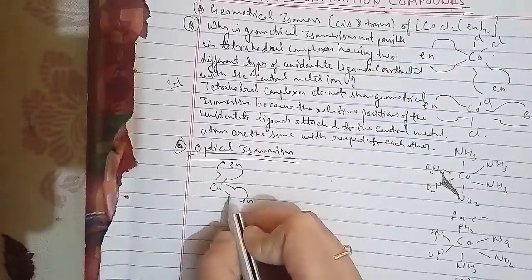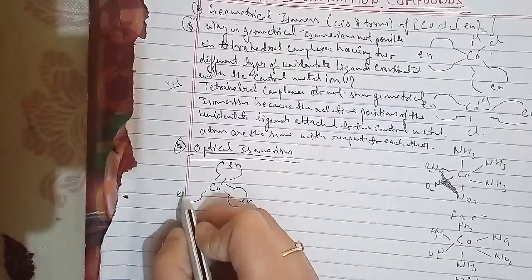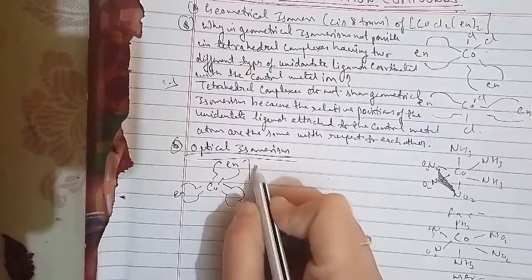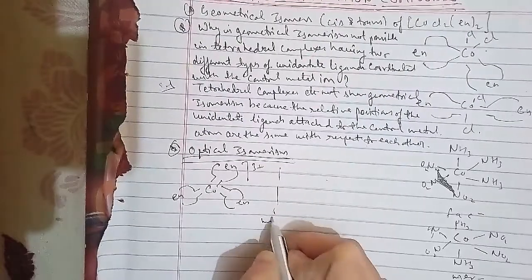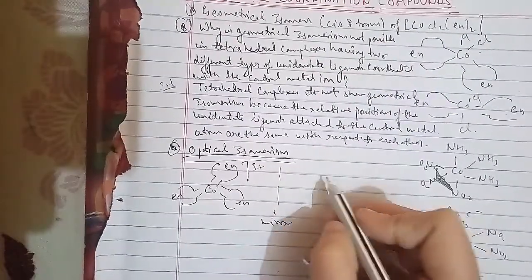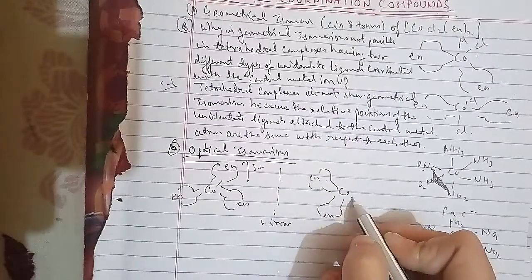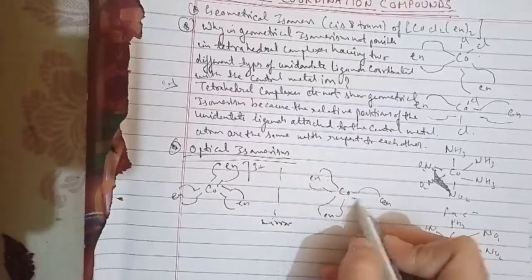Those are the same here as well. So here we have 3+ as well. On the same case, this is the levo form. So these are optical isomers, D and L of Co(en)3 3+.